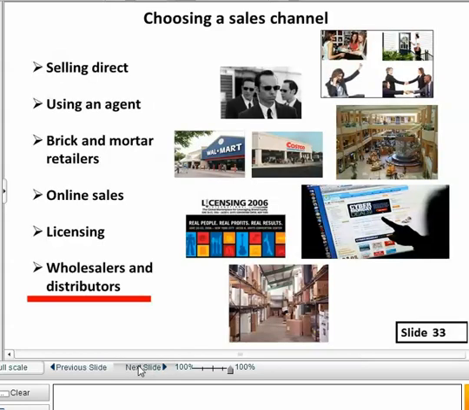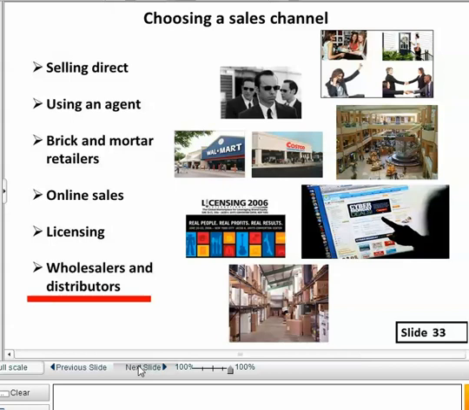Continuing on, you can also use wholesalers and distributors. Wholesalers and distributors are a little different. A wholesaler is going to buy the product from you, assuming you're the manufacturer, at a low price, and then they're going to turn around and sell it to other businesses, retailers, who are ultimately going to sell it to the customer.